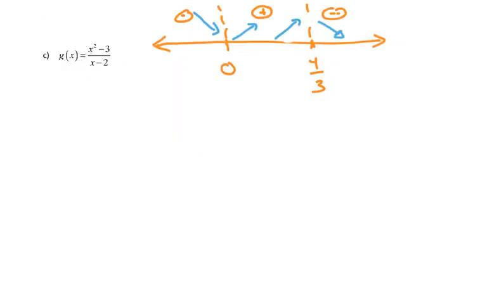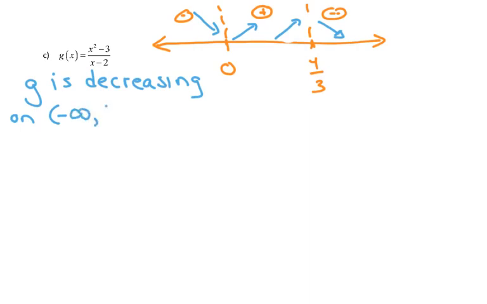Okay, so we would say G is decreasing on these intervals, negative infinity all the way up to 0, and 4/3 to positive infinity.